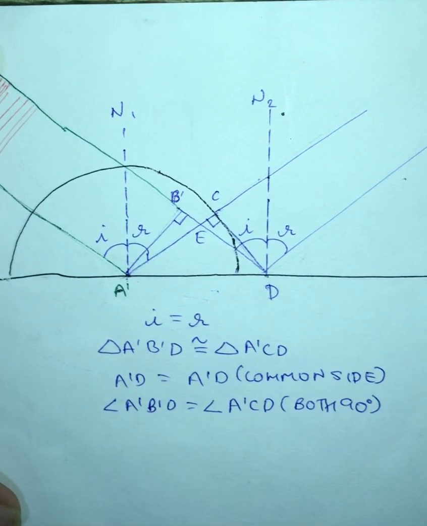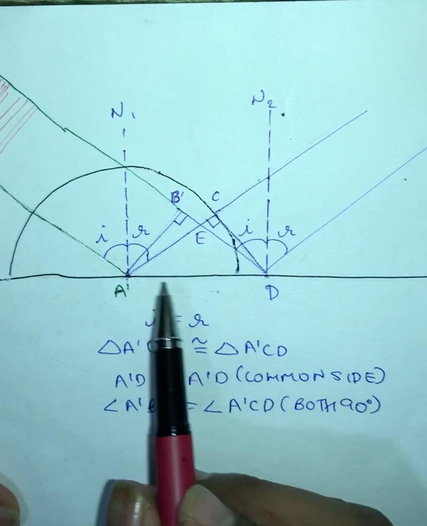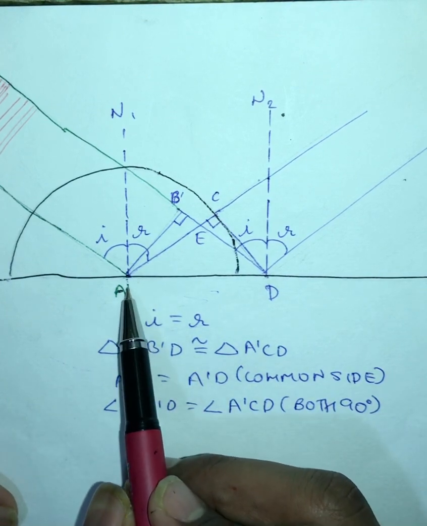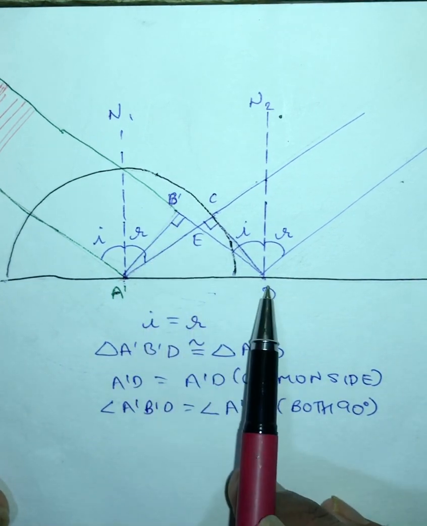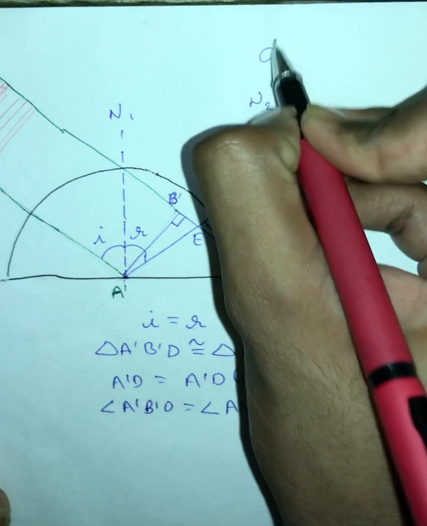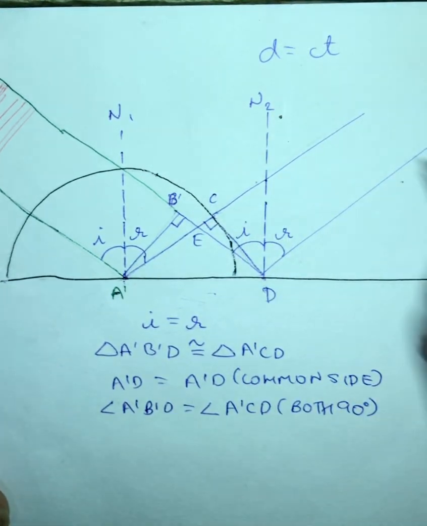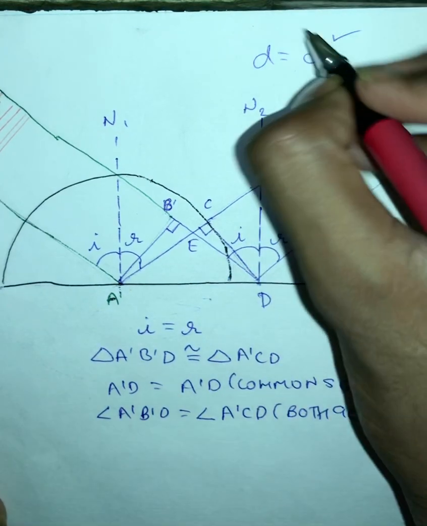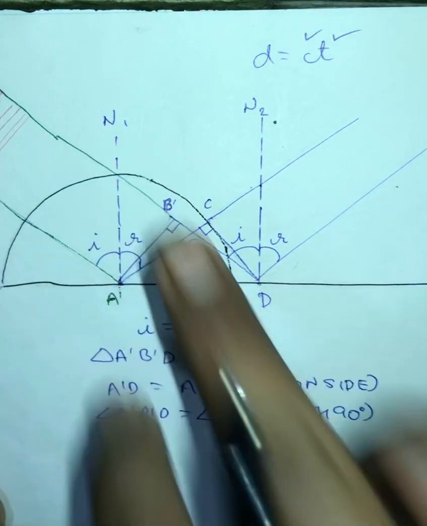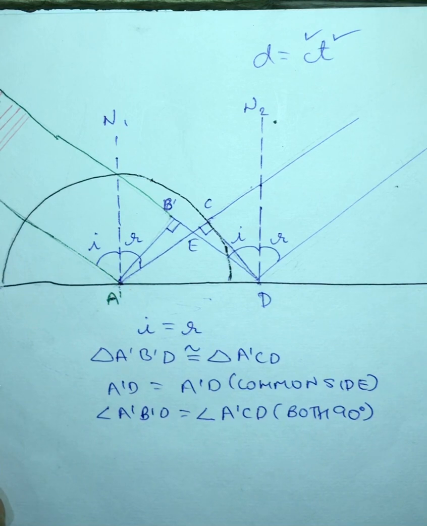And now I mentioned one thing earlier, that the time taken by A' to travel to C is equal to the time taken by B' to reach D. The formula for distance is speed into time. The time taken by both of them is the same, and the speed of both of them is also the same, as both of them are traveling simultaneously, as they represent only a single wave. So both of them are representing a single wave, therefore their velocity will also be the same, and the time taken by both of them is also the same.